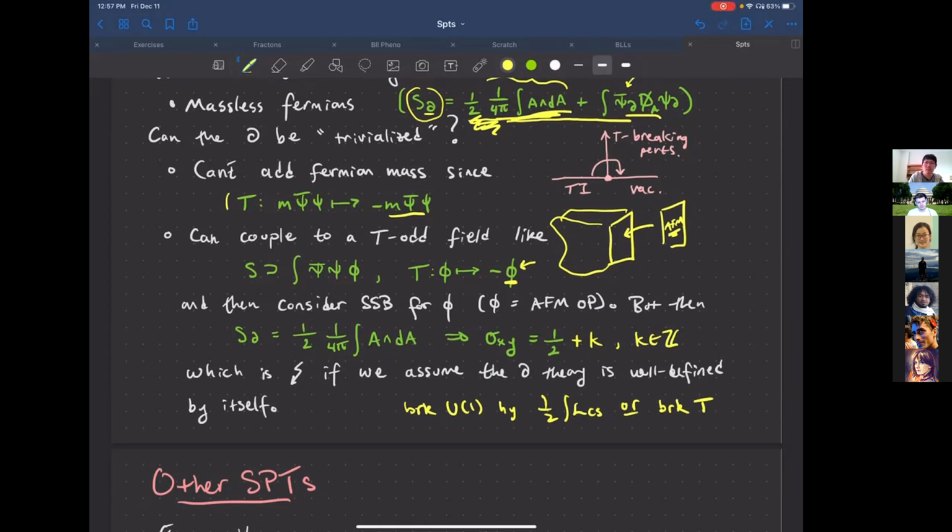And my claim is that in this case we've broken T explicitly, and the regularization that we're doing is a T-breaking regularization, and so when we do this, we don't generate any half term for the Chern-Simons, and the fractional part of the response is just coming from the bulk part.